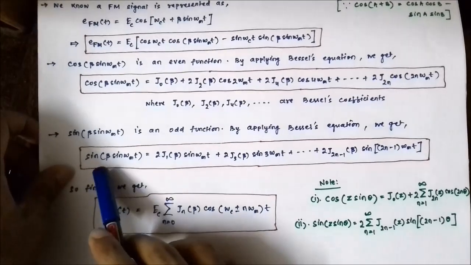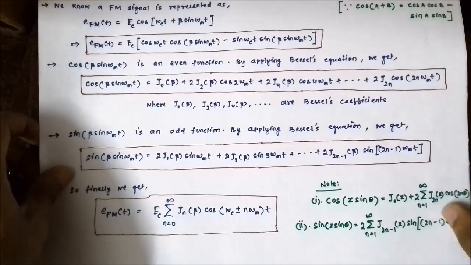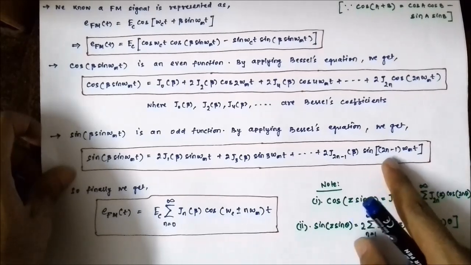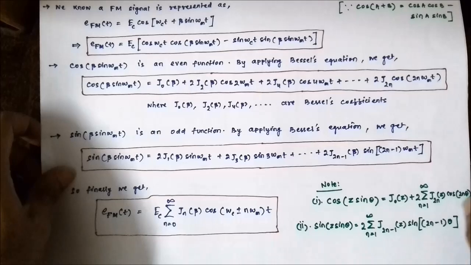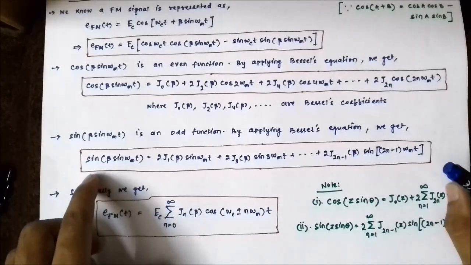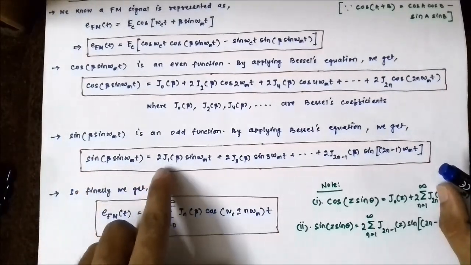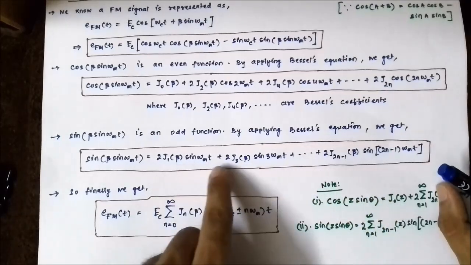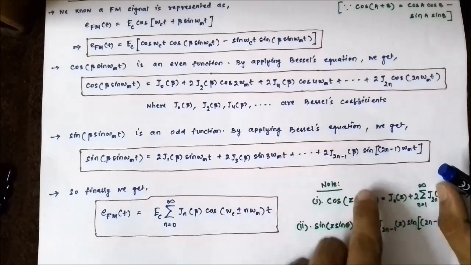So we get the sin(beta sin omega_m t) expansion in the form of 2J1(beta) sin omega_m t plus 2J3(beta) sin 3 omega_m t plus 2J_(2n minus 1)(beta) sin (2n minus 1) omega_m t. Here, as we know, sine is an odd function, so all the Bessel's coefficients are of odd type: J1, J3, J5, J7 up to J_(2n minus 1).